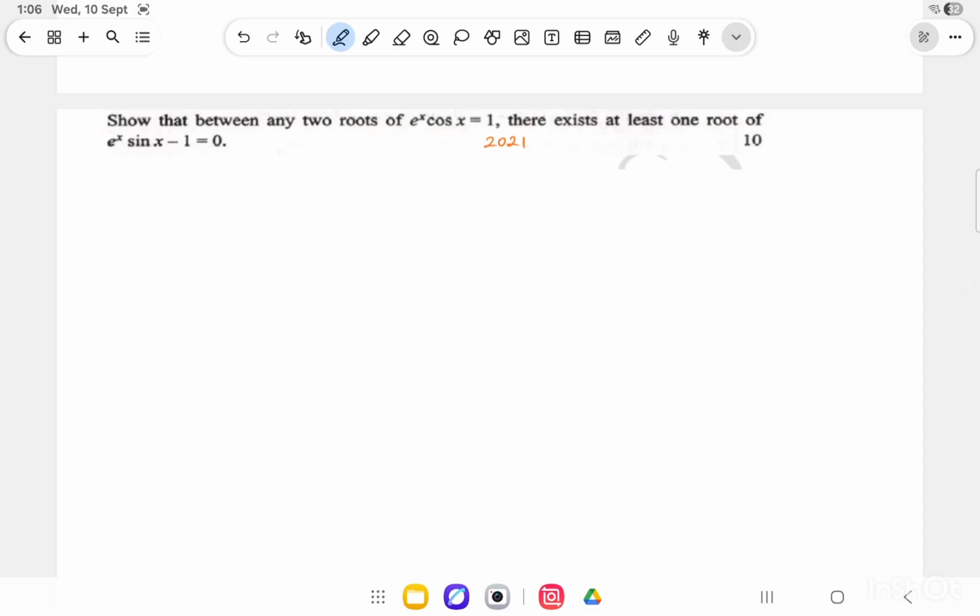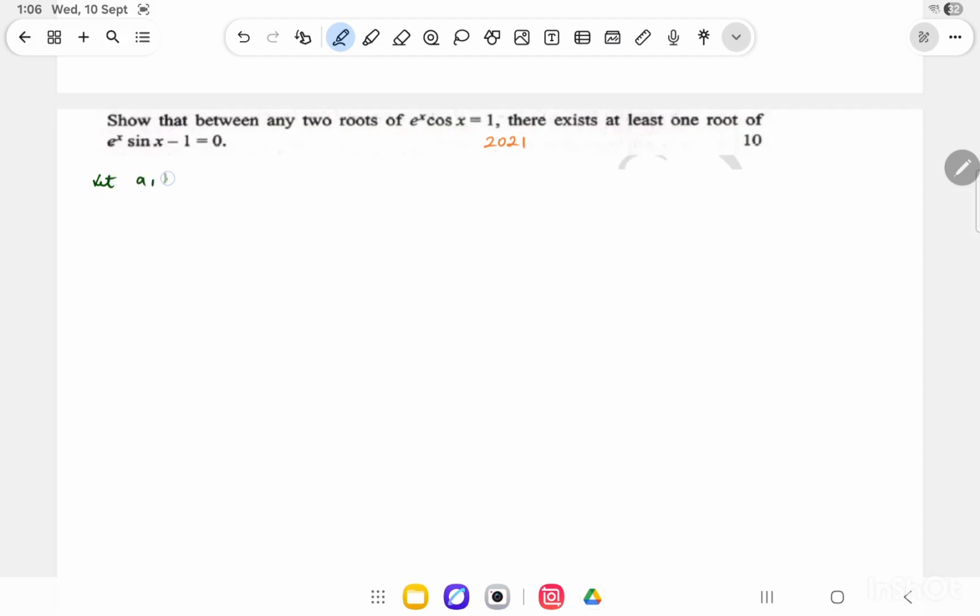The next question says: show that between two roots of e raised to x into cos x equals 1, there exists at least one root of e raised to x sin x minus 1. Since no exact roots are given to us, we'll assume that there are two roots.